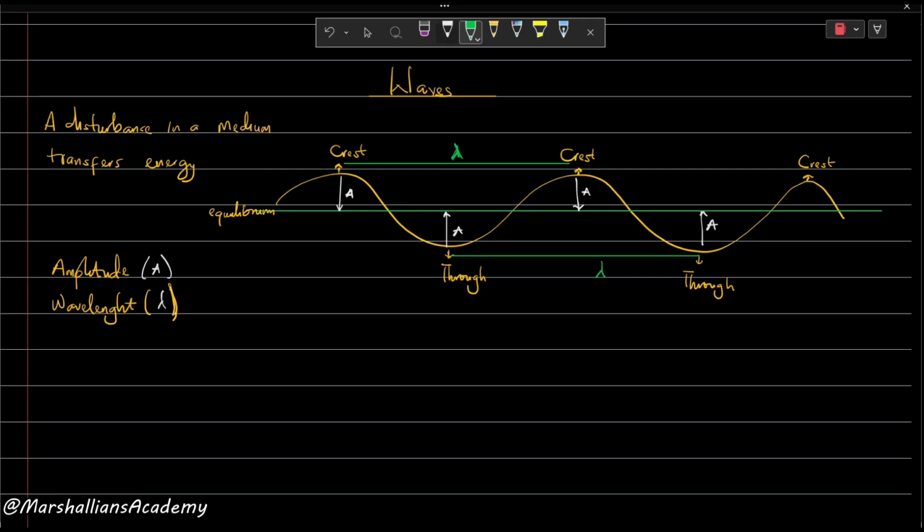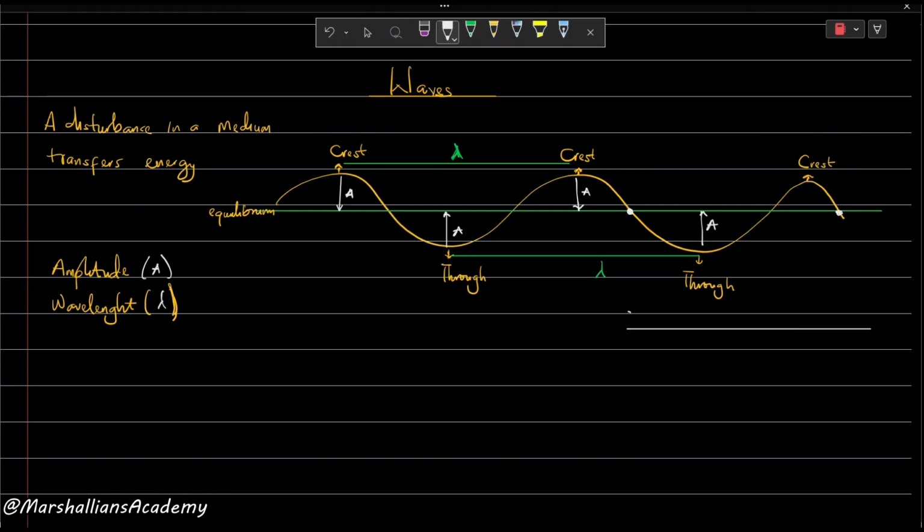Then let me do this in white. Look at it. Imagine I start from this particular point here on the wave, one trough, one crest, back to the equilibrium point. This is another wavelength. That particular distance is also another wavelength. Sorry, my pen is just misbehaving a little.